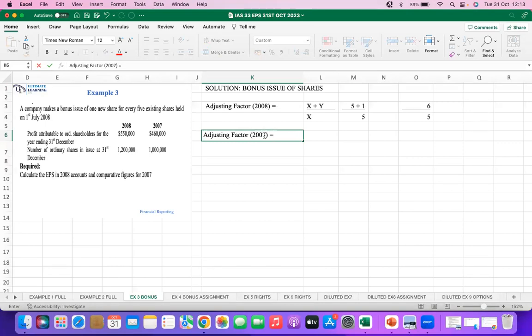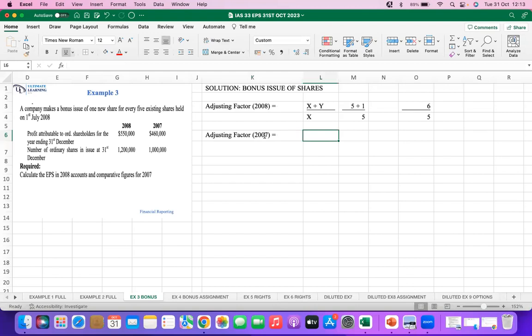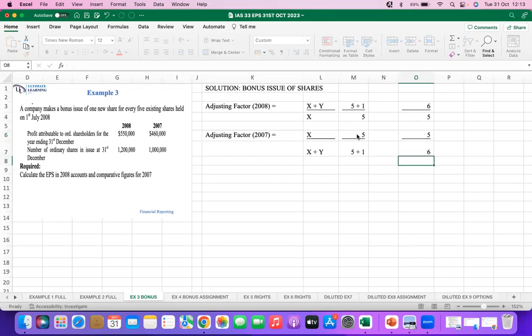The adjusting factor of the previous year is X divided by X plus Y. So that equals 5 is the X, over 5 plus 1. So it gives you 5 over 6. And then next we get profit.